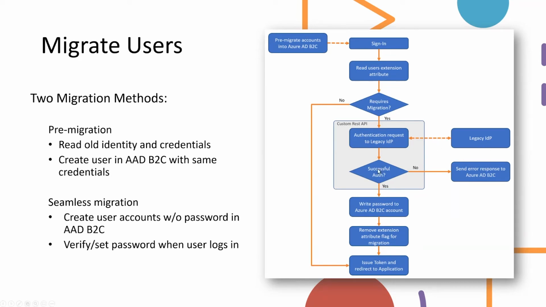If it's valid, then the password is updated in the B2C tenant. The flag is set, so we know that user no longer requires migration, and then the token is issued back to the application. So, a nice, simple way to provide a seamless user experience. The users don't know that you've switched to a different identity provider. You're using B2C now. They simply log in the same way, and they're migrated on the fly.